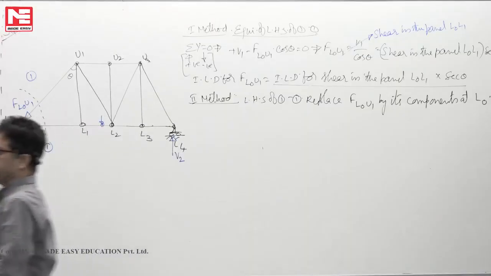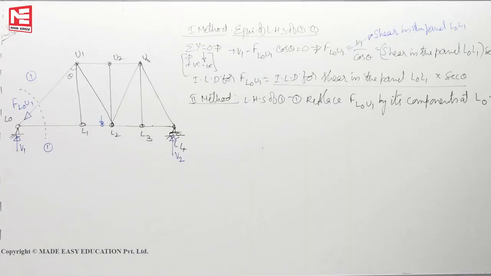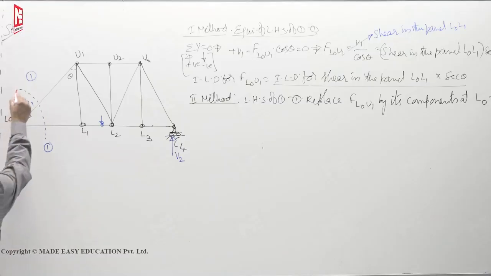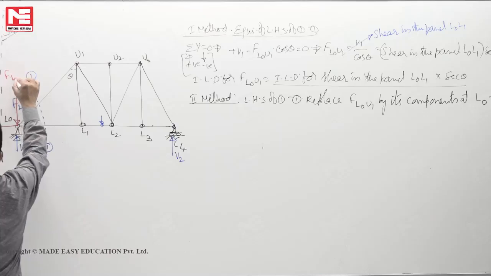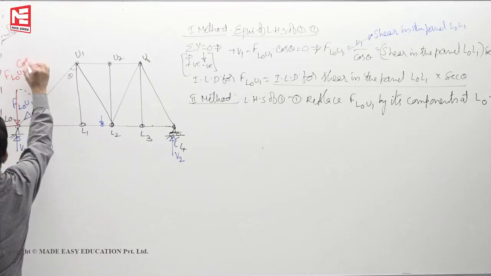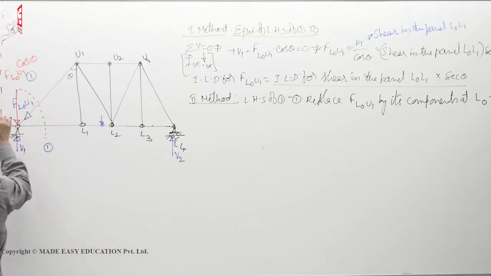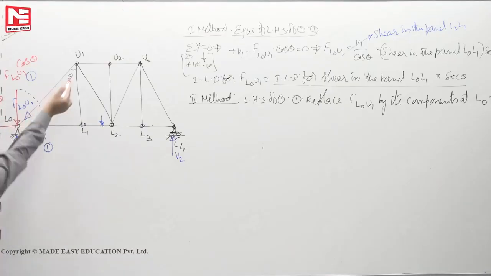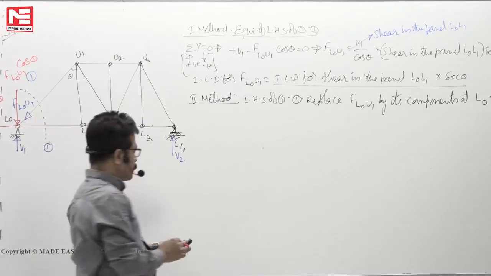If you replace it by its components, what are the components? It has a vertical component, it has a horizontal component. Vertical component is F L0 U1 cos theta. This is F L0 U1 sin theta. This is sin theta because theta is with respect to vertical.